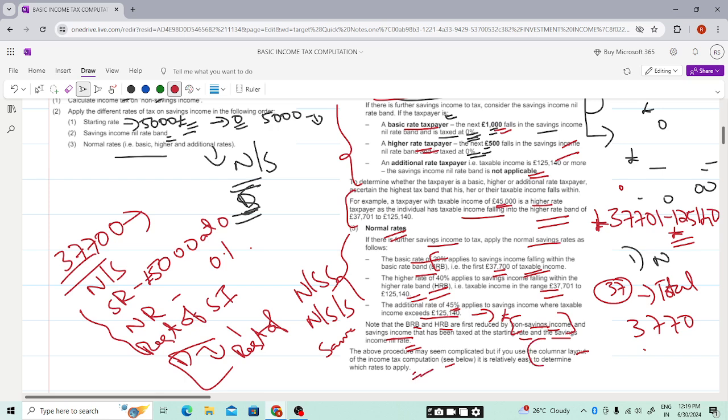Means the layout will be column-wise, as we have studied: non-saving, saving and dividend income. The layout will be formed in columns for non-saving, saving and dividend income.